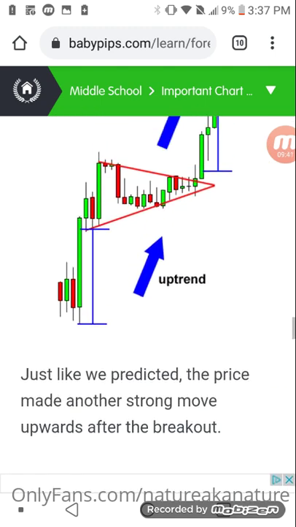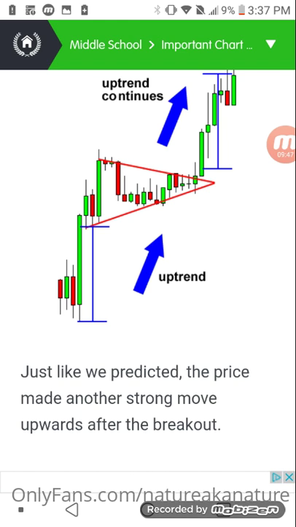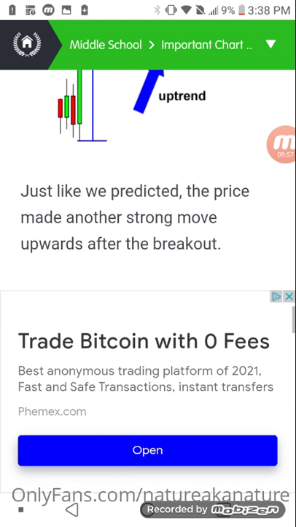Price could do a fake out and continue to go in the opposite direction in a downtrend. But a bullish pennant is a continuation pattern where price wants to continue going up. For a bearish pennant, it's a continuation pattern where price wants to continue going down.